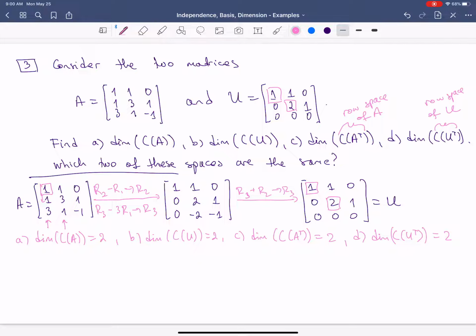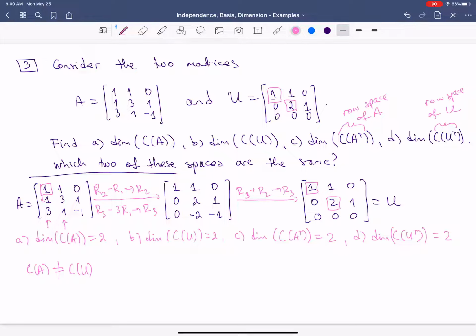So when you look at the columns of A, they have a non-zero third component, whereas the columns of U do not. So no matter how you combine the columns of U, you're never going to get a non-zero third component. So for sure, the column space of A is not the same as the column space of U.